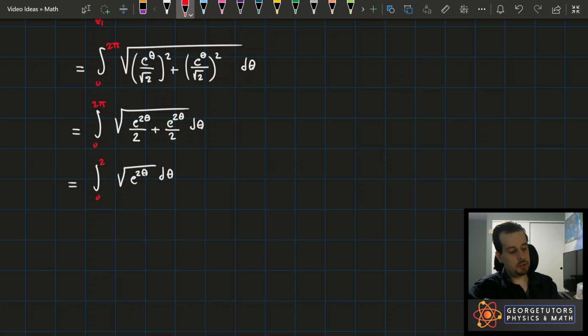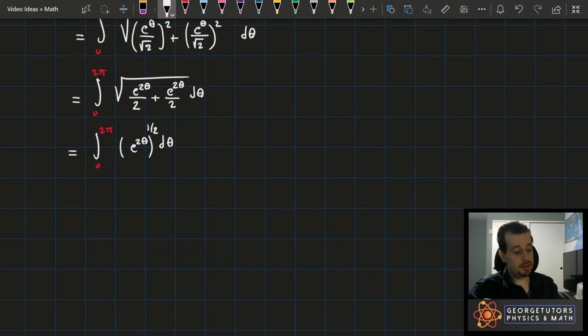And one thing I want you to notice here is that taking the square root of something is like raising it to the 1/2 power. So this 1/2 is going to multiply this 2 theta to leave you with just theta. You're going to be integrating, after all of this work, just e to the theta from 0 to 2 pi.